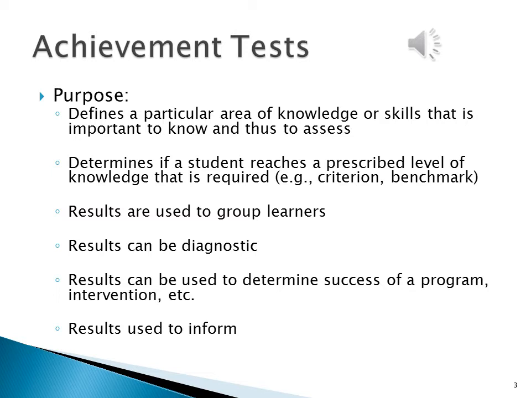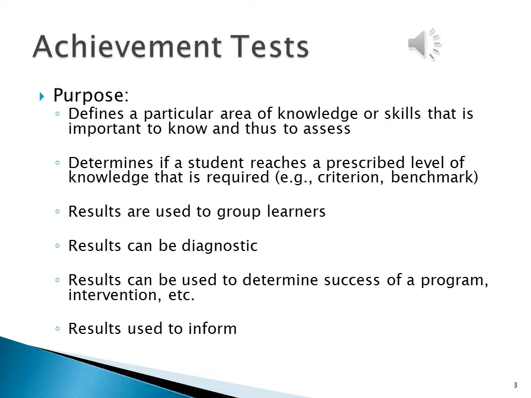A student also may need to achieve a certain level of learning, a criterion, a benchmark. So by the end of second grade, they should have this set of knowledge and skills. So achievement tests help us measure, did students reach that benchmark?